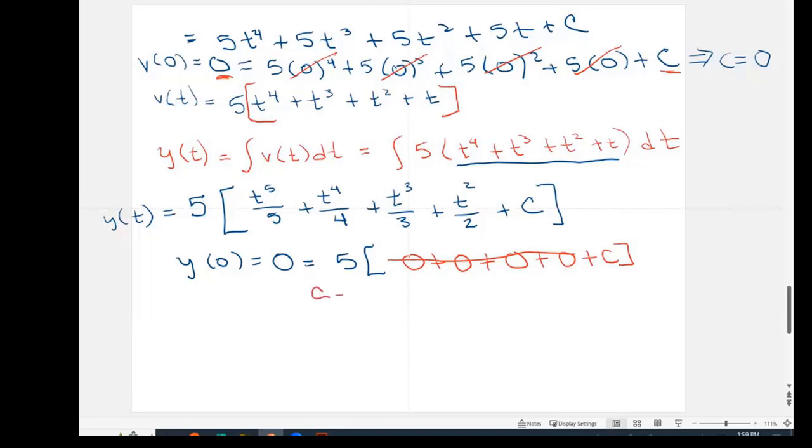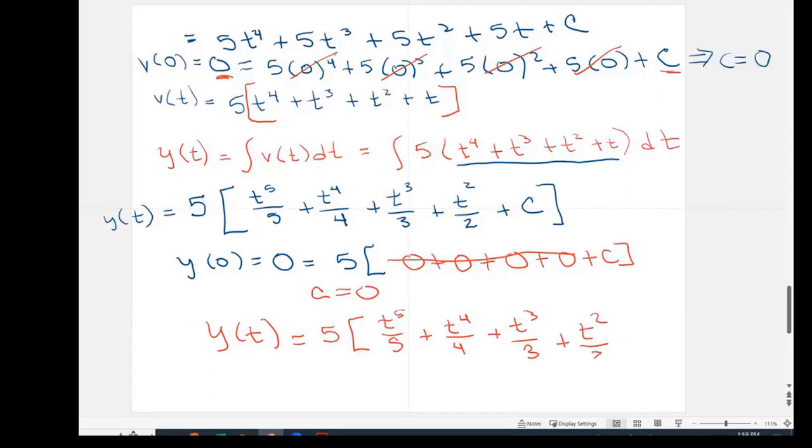So I do know c equals 0, which means that my function y of t is equal to 5 times t to the 5th over 5 plus t to the 4th over 4 plus t cubed over 3 plus t squared over 2. And the c is 0.